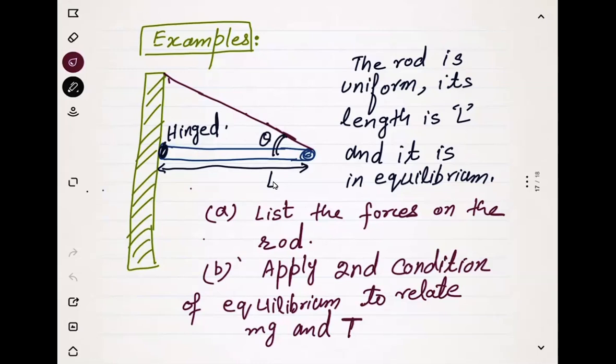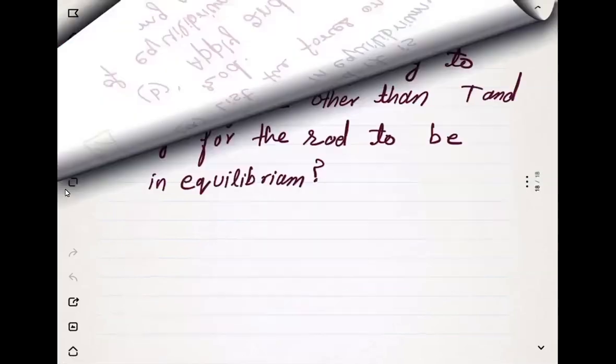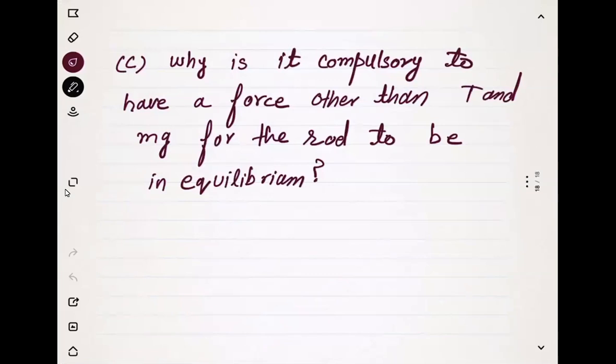When the pivot is not mentioned, you can take it anywhere. And the third part is, after applying the second condition of equilibrium, why is a third force needed to bring equilibrium? So these are the three parts. We will proceed one by one.